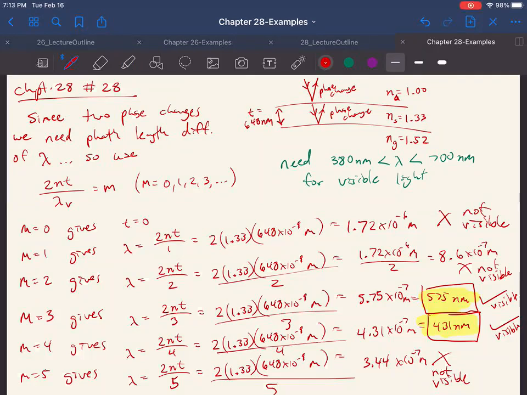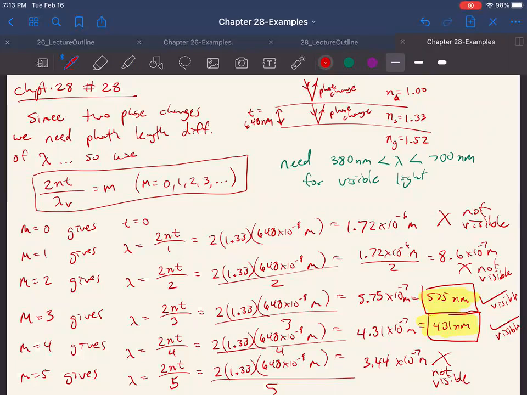You remember that the equations given in the book are designed for a single phase change. Since we have 2 phase changes, we have to swap what they're for. If you look at the equations in the book, I think we're trying to do constructive interference, but this equation is given for destructive interference when there's just a single phase change.